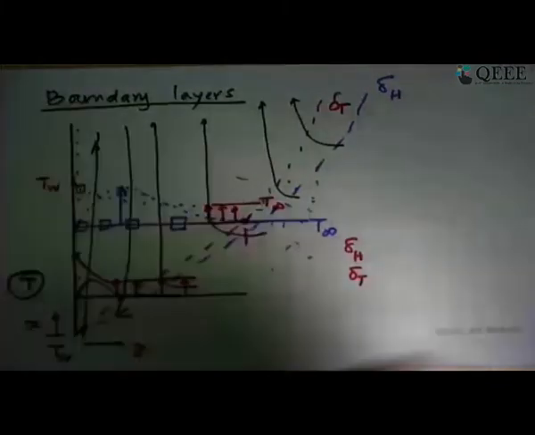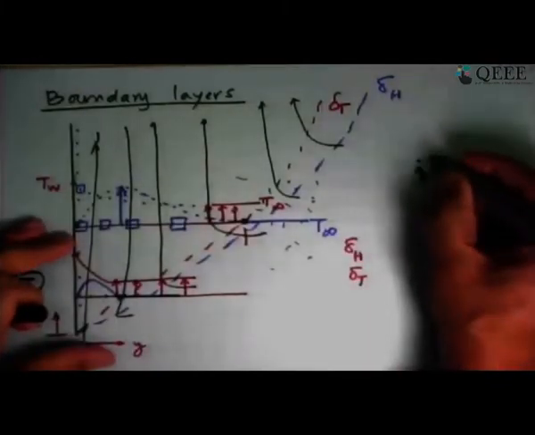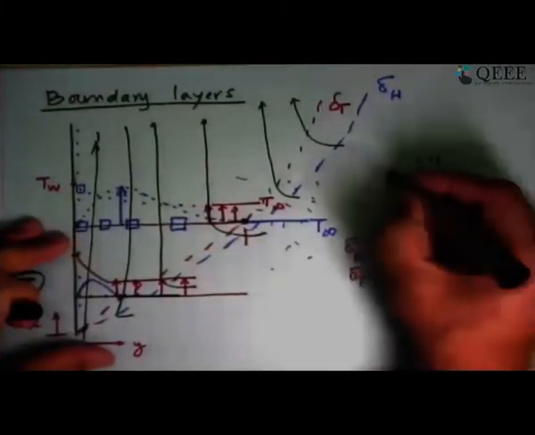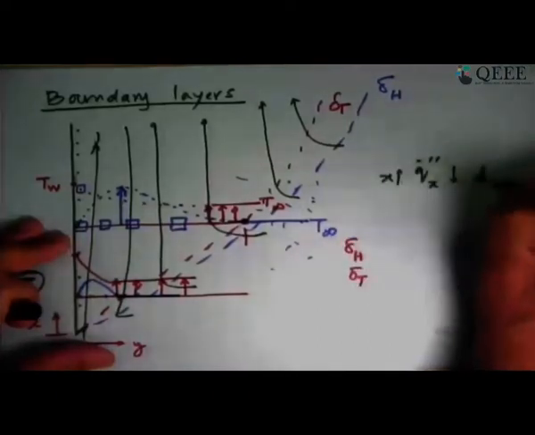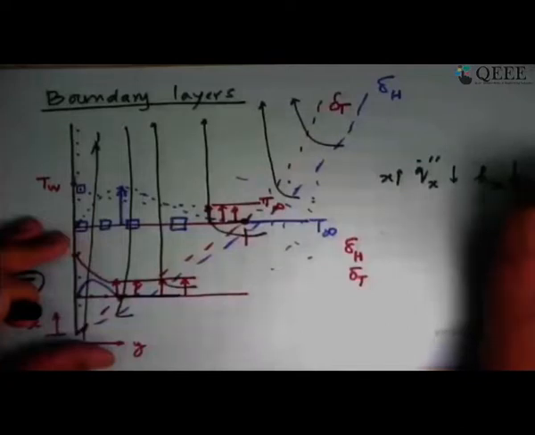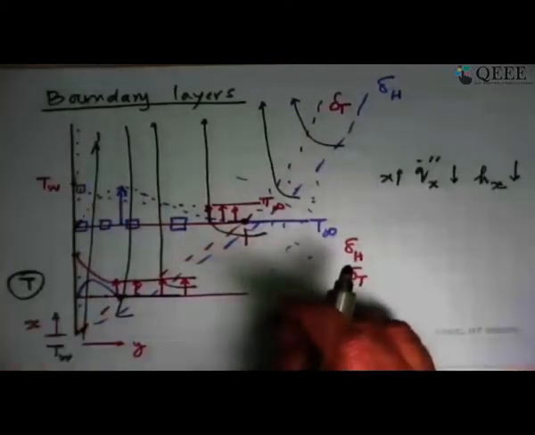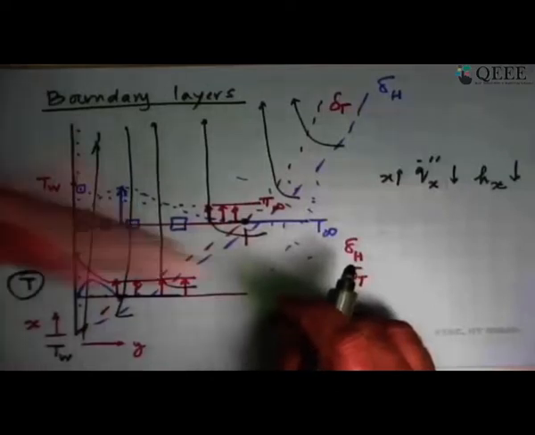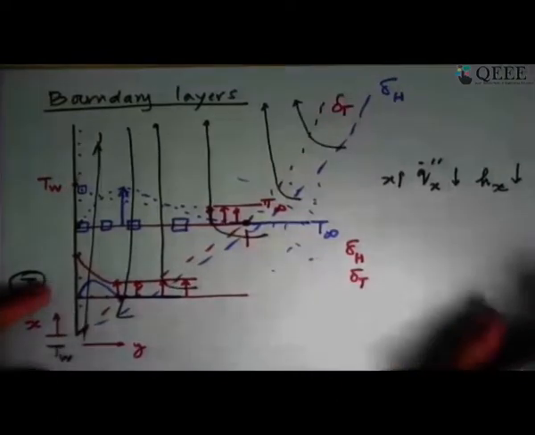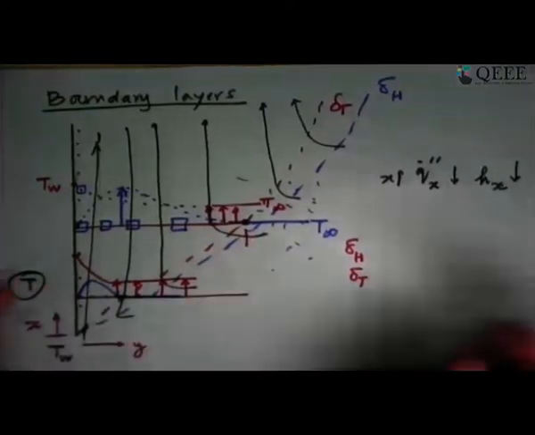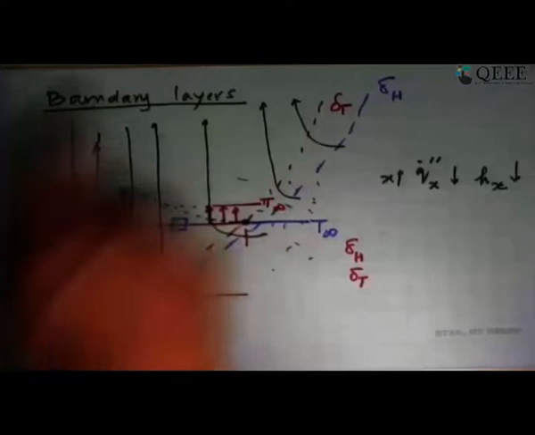Because q dot double prime, as x increases, locally decreases, which also means that we can expect the local heat transfer coefficient to decrease in the direction from here to up. So this is qualitatively very similar to what we saw in forced convection.